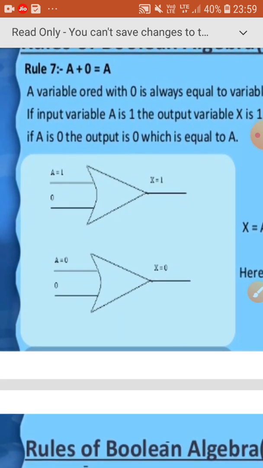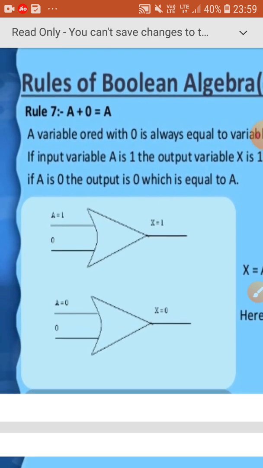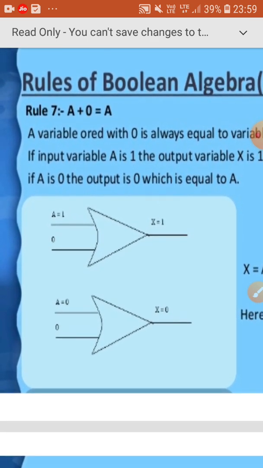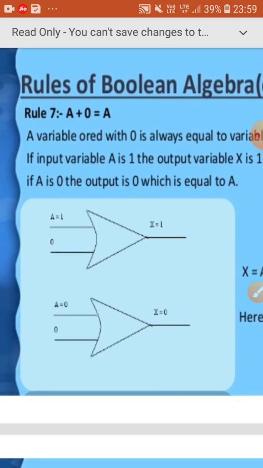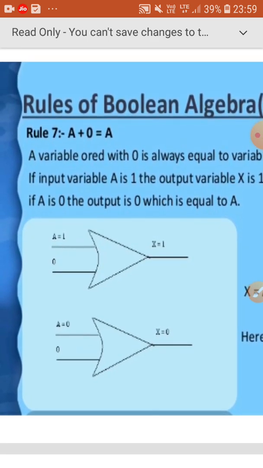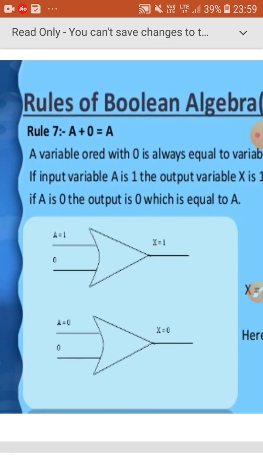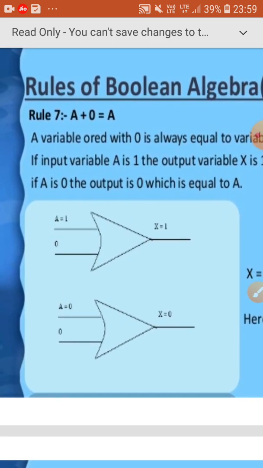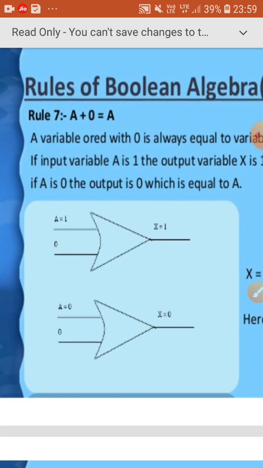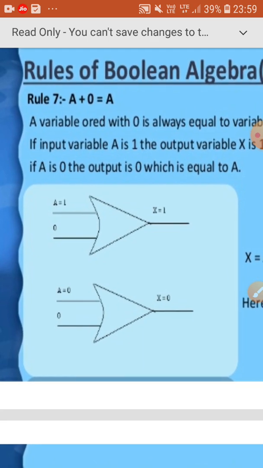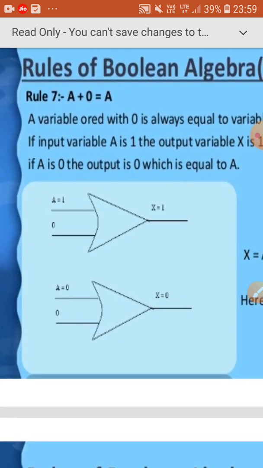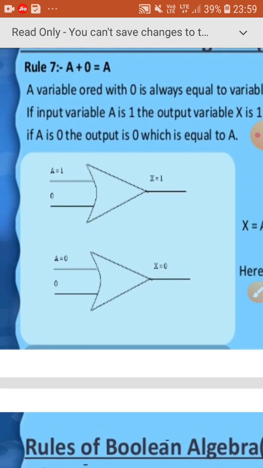If both inputs are 0, then the output will be 0. So if you apply 1, you will get 1 at the output. If you apply 0 to the A, then you will get the same 0 at the output. So A plus 0 is equal to A. The value of A is reflected at the output.